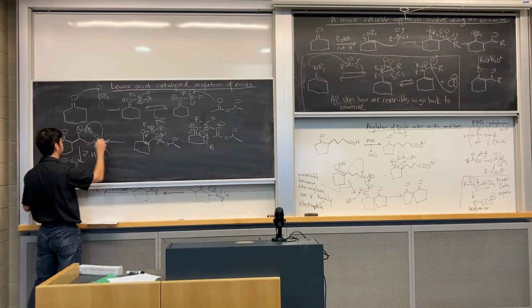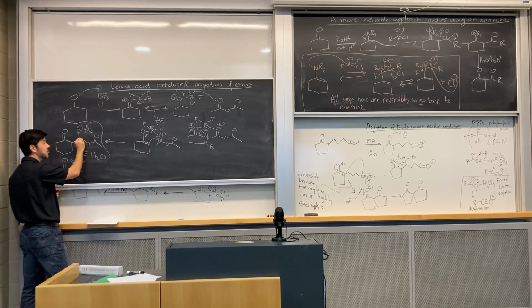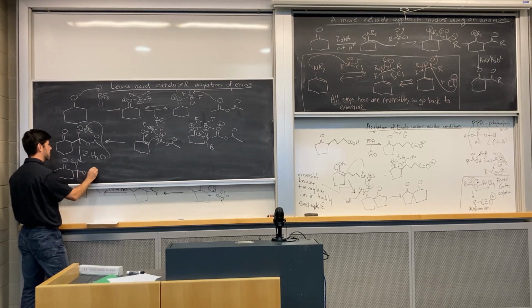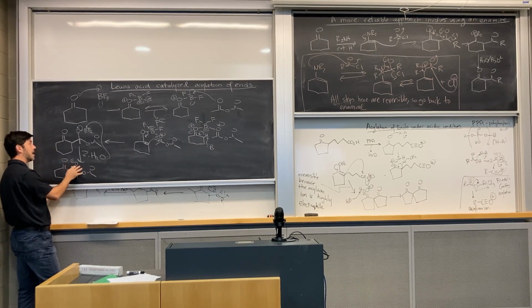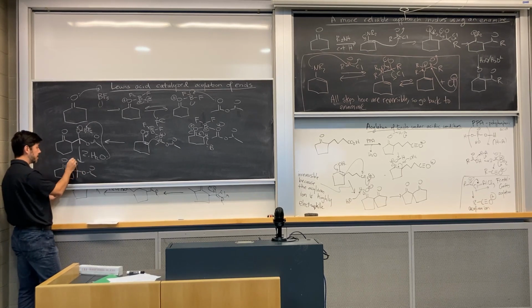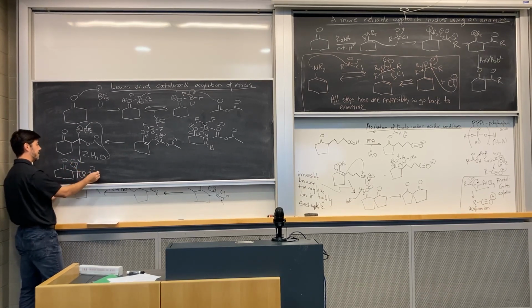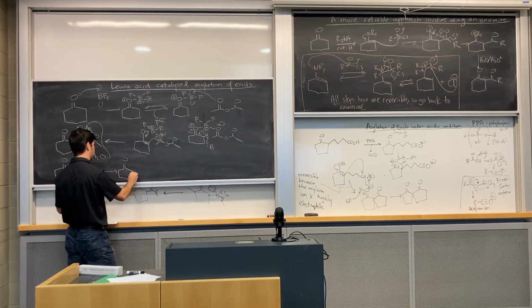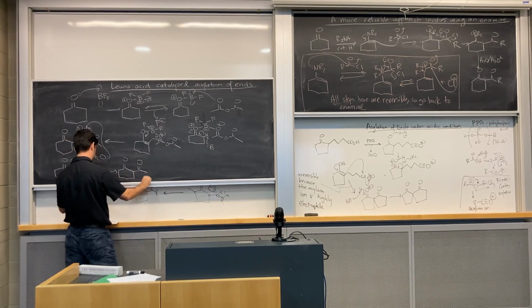This reacts here, so I'm missing a methyl group here. Make sure you put in that methyl group. So you form now this tetrahedral intermediate. This will come down, and then you'll break that off. So your final product will be this attached to that.